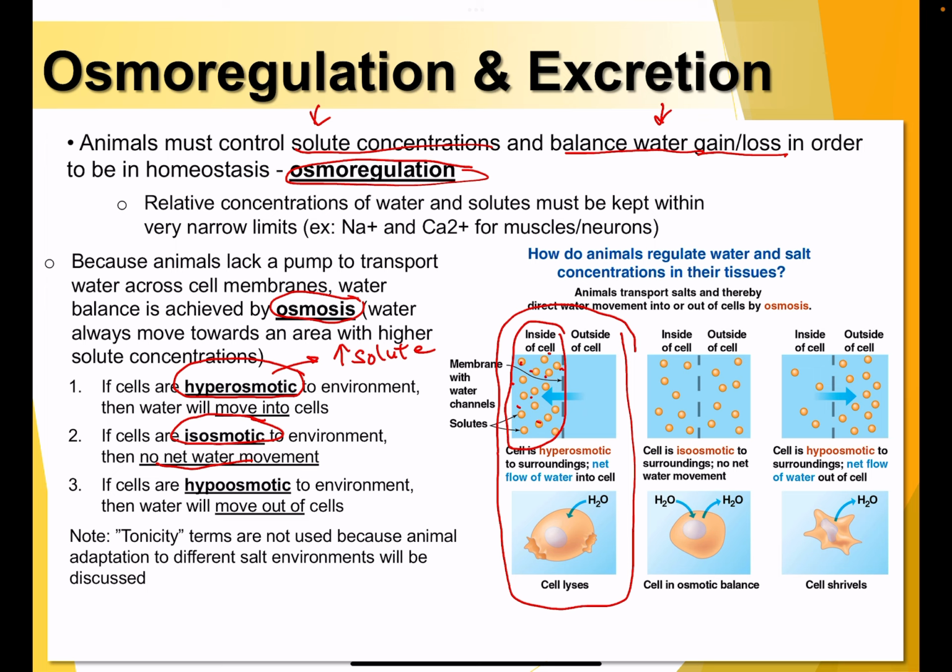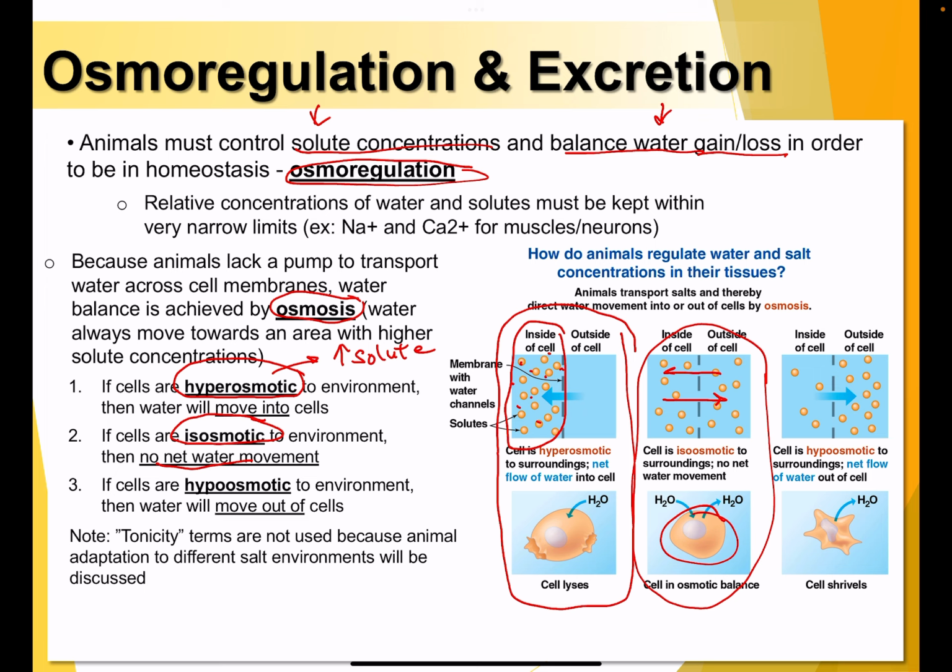So there's always an equal amount of water flow to both sides, such that there is no net water movement to one side or the other. That's what we mean by isoosmotic. And this is where the animal or the cell is a happy camper, because there's no movement of water into or out of the cell, and it's best the way it is.